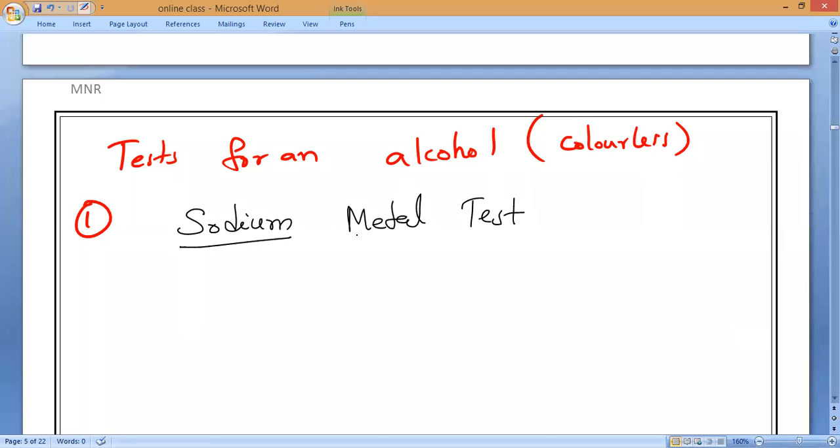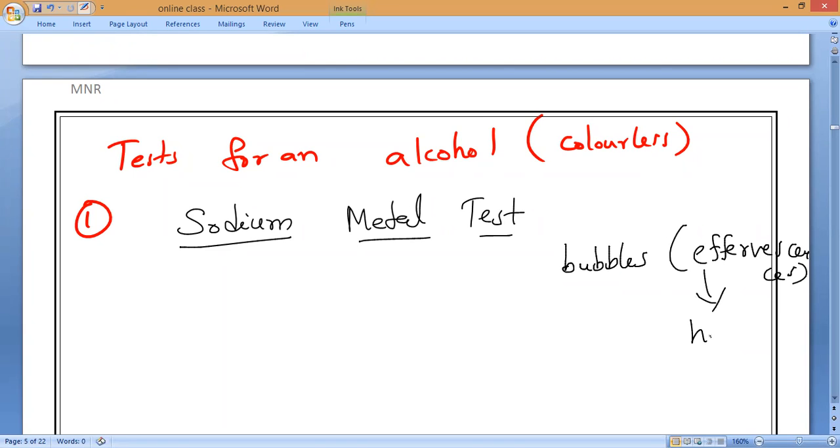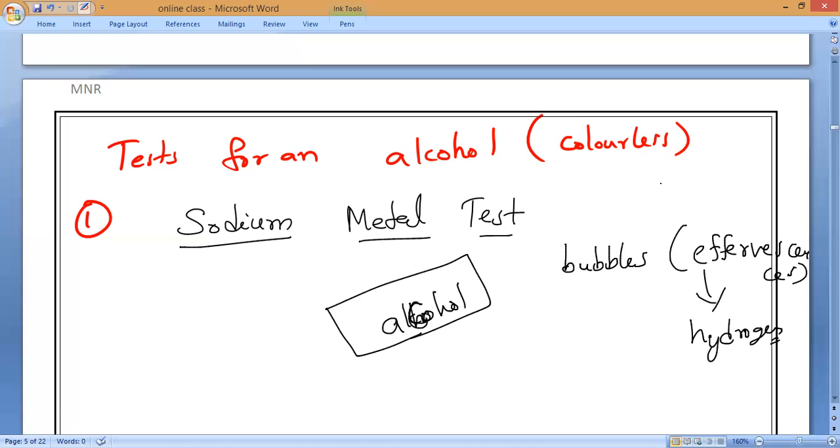In the sodium metal test, whenever I put the sodium, bubbles will immediately come. That bubbling, the word we call it, is effervescence. Effervescence means bubbles, indicating that hydrogen gas is being produced. So it indicates that the given organic liquid is an alcohol.